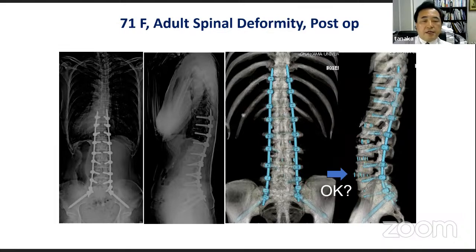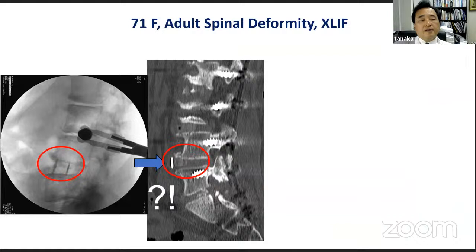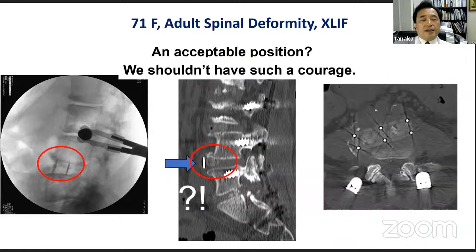If you look, this cage protrudes anteriorly. If you look at the axial scan, it's almost okay, but we shouldn't have such a cage. If you injured the ALL, maybe you shouldn't put the cage.